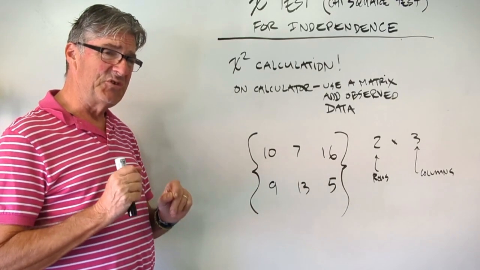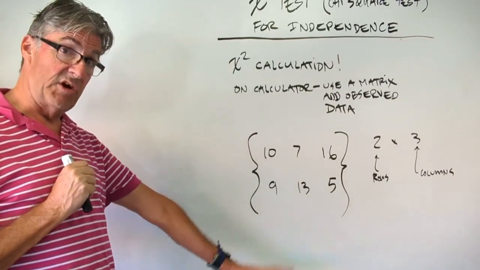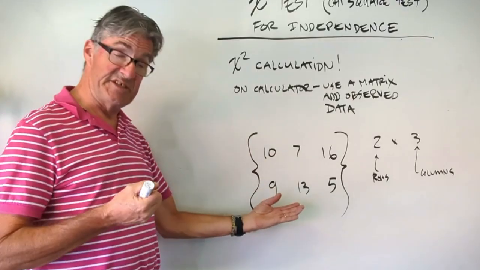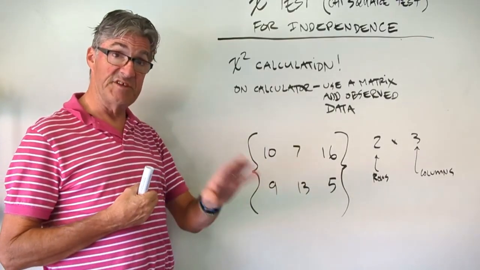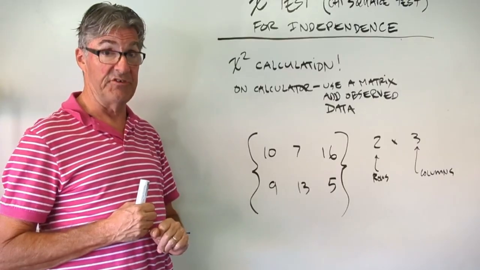So what I'd like you to do is pause this video, go watch the appropriate video for your calculator, then do this step, put this in there and follow the steps, and come back when you have your chi-square result.